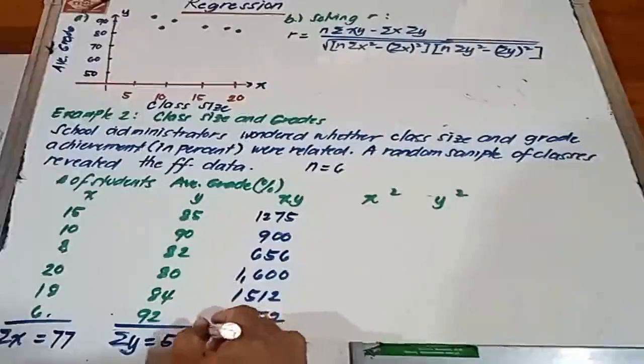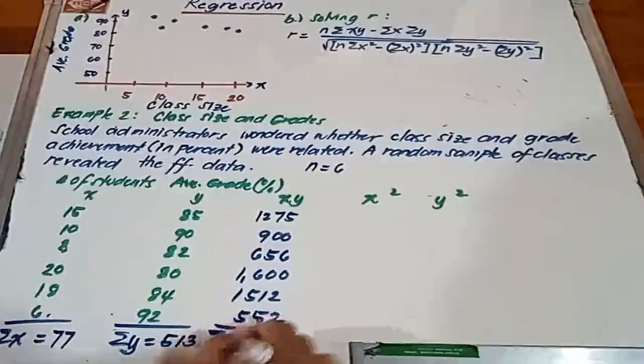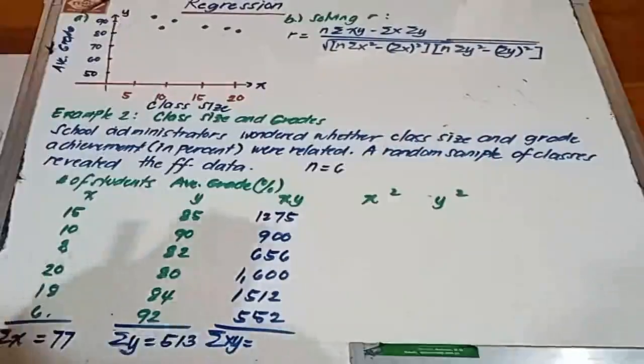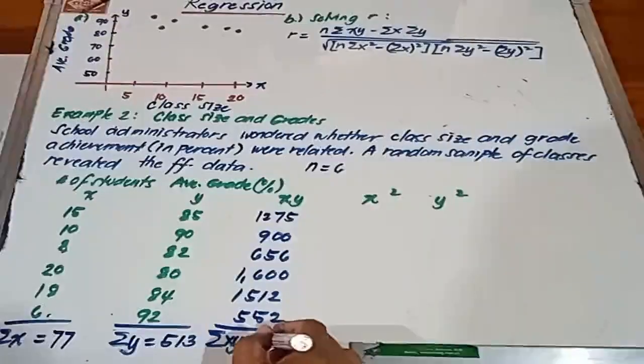Then kunin natin summation xy. That is 6495. Okay? Pakisum na lang, 6495.